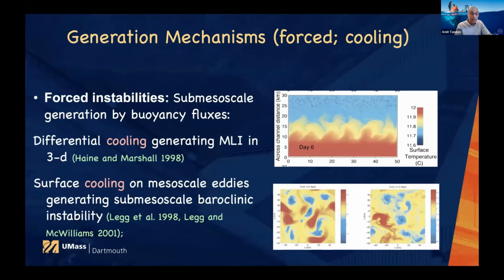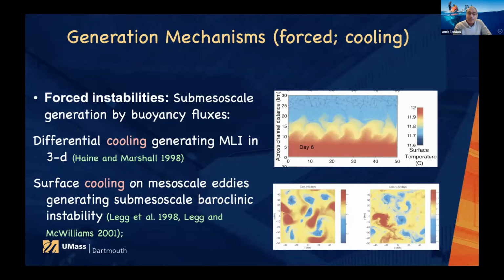If we add forcing, then we can again generate these submesoscale motions by differential cooling, as was done by Tom Haine and John Marshall back in 1998, although they didn't call them MLIs. These eddies of the order of 1 to 10 kilometers were the mixed layer eddies.